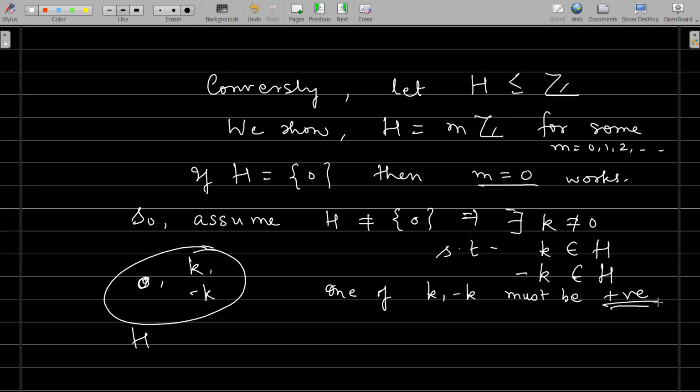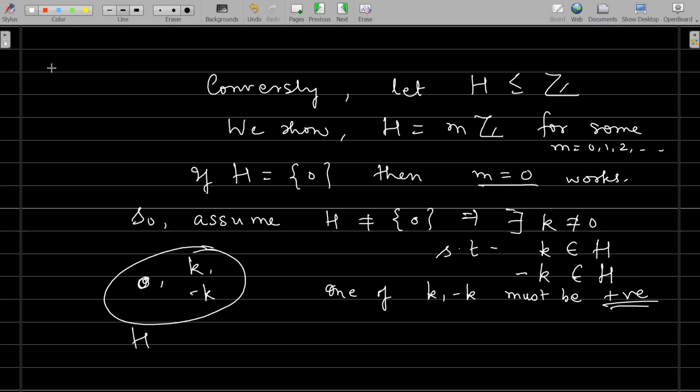Do you all agree with this? There can't be subgroup containing only negative elements, right? Because once element is there, its inverse must be present. And that is minus of it. So if one of them is positive, other will be negative. Other is negative, first will be positive, right? So do you agree that one of these must be positive? So H surely contains positive elements.